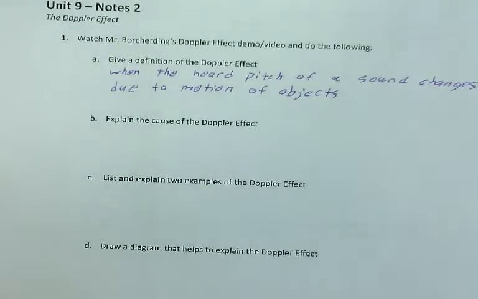As I go towards, notice that the waves are closer together than they were otherwise. So, what's the cause? The cause is when objects get closer together, the waves hit more often than they should. But when the objects get further apart, the objects hit less often than they should.